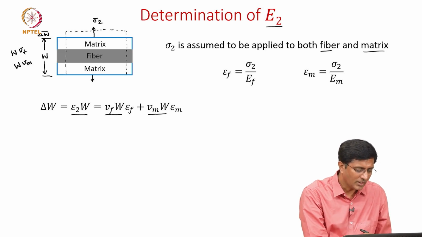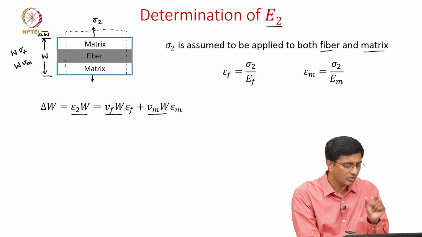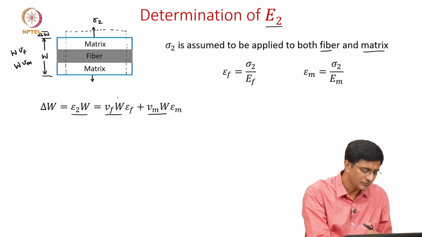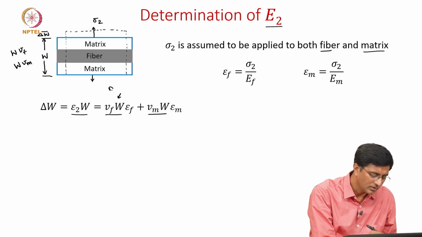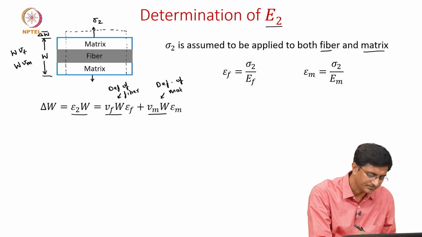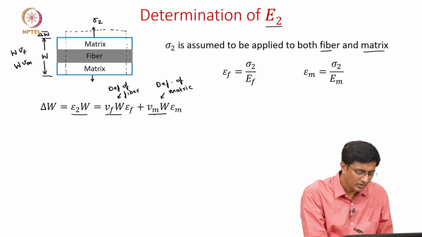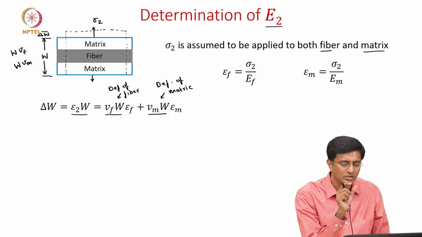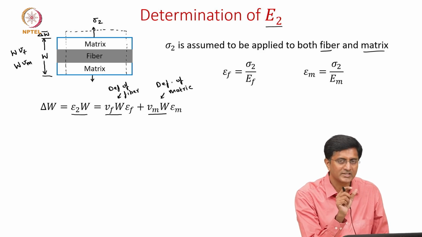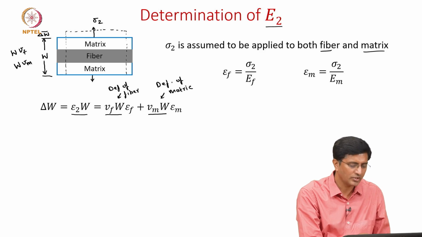So the width times the strain will be the total deflection in the fiber. Similarly, the second term takes care of deflection of the matrix, where Vm times W will give you the actual width of the matrix material, times the strain will give you the change in the width in the matrix.